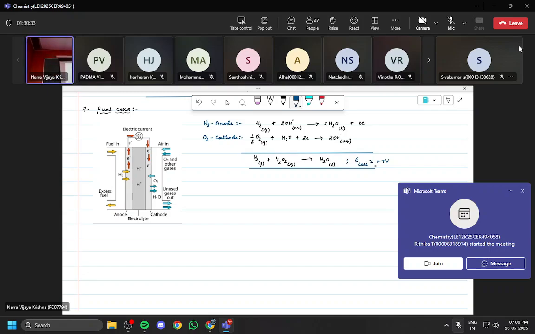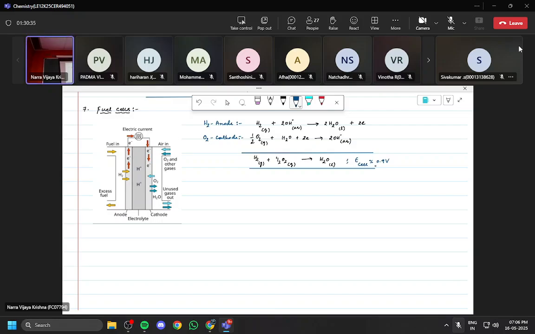Not only is it producing voltage, it is producing water also. So this will be useful for the needs of astronauts in spacecrafts, where fuel cells are used for production of electricity, as well as the output water is used for survival. Clear?